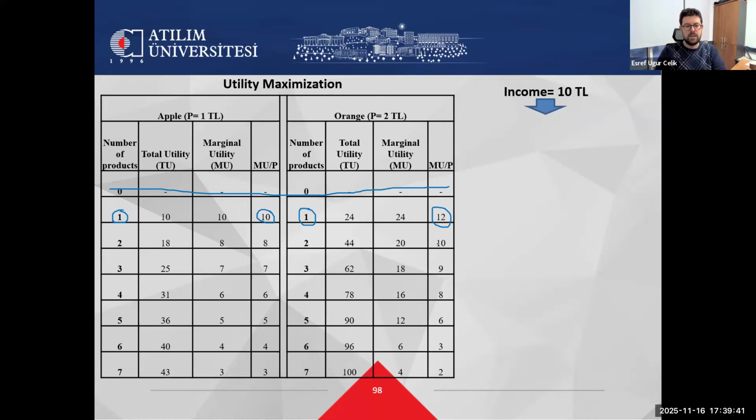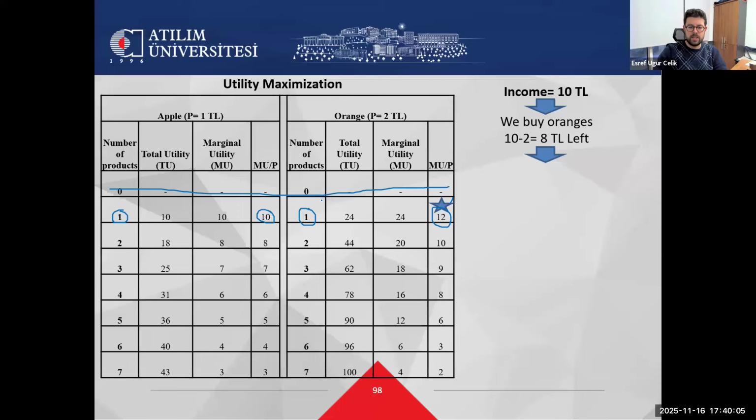Let's compare it. Which one is greater? Definitely the orange one. So we can pick the orange. We start with 10 Turkish lira, then we pay 2, so 8 Turkish lira left.